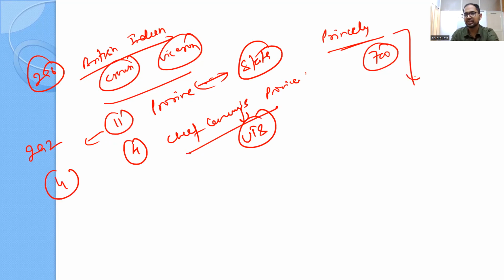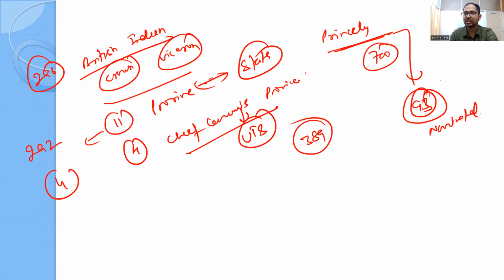And out of the princely states, 93 seats were to be nominated for the Constituent Assembly. Total strength of the Constituent Assembly was to be 389. But what happened? The princely states denied, because according to the Cabinet Mission Plan, they were left on their own will if they wanted to be independent or join either India or Pakistan. So they did not join. So these 93 were not nominated.